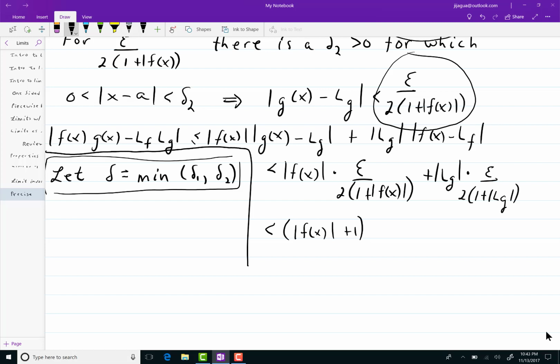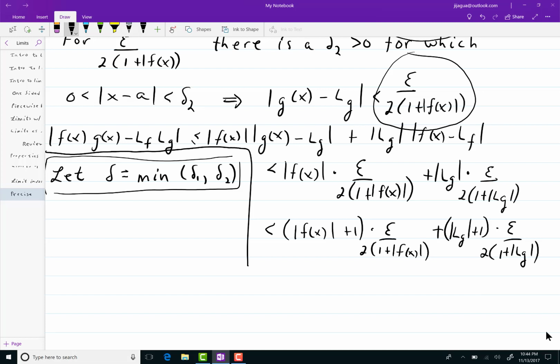That's why this inequality is still going the way it is. And as you can see, the stuff that I'm getting here is working out perfectly, because now I'll be able to cancel stuff. I'll do the same trick over here to the Lg. I'll make it absolute Lg plus 1 times epsilon over 2 times 1 plus absolute Lg.